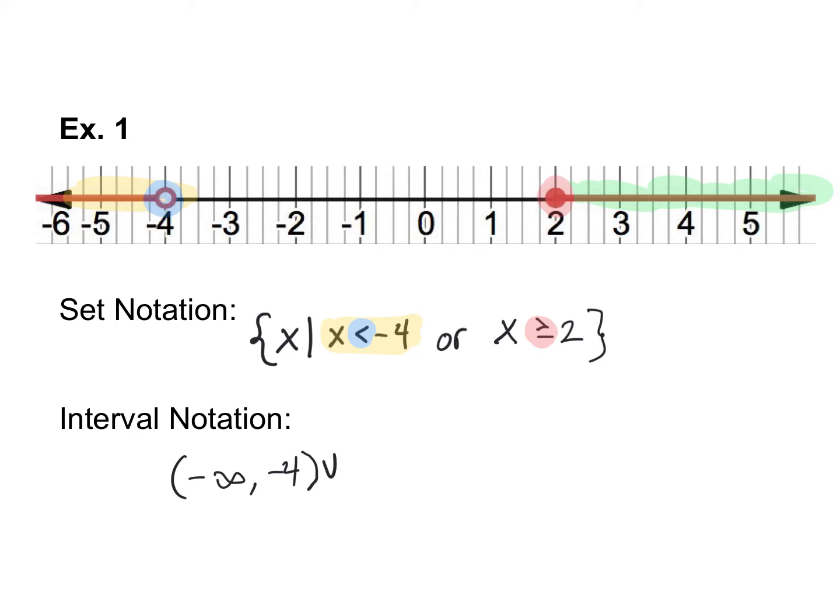Union 2, comma, positive infinity, and close parentheses. Notice that I haven't put a parenthesis next to the 2 because the 2 is a closed circle. We use a bracket. That means 2 is a solution to my inequality.